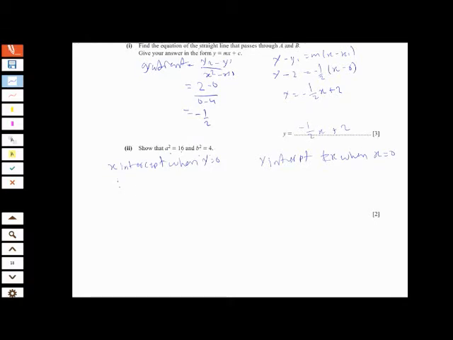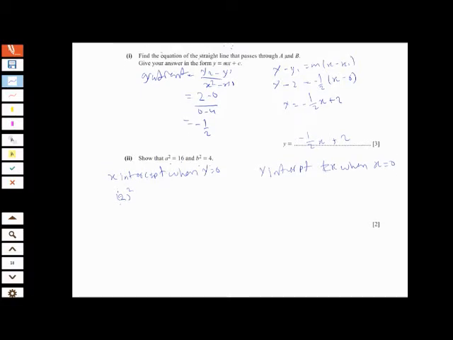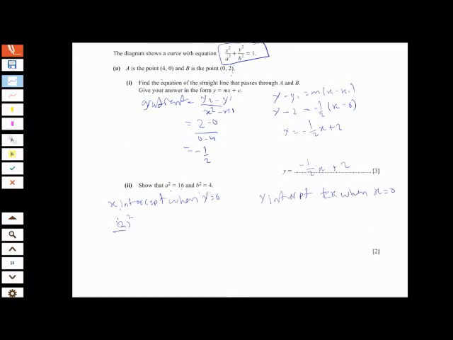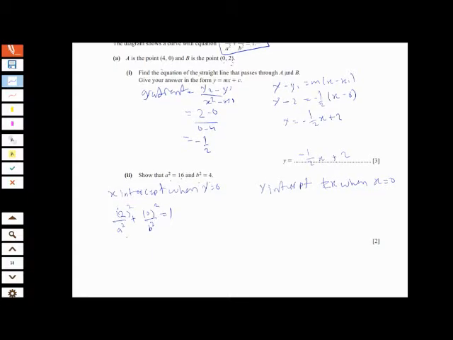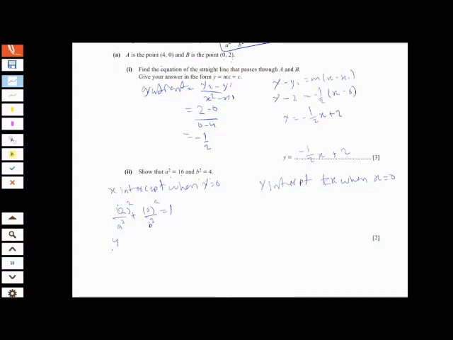So 2 square over a square plus y equals 0, so 0 square over b square equals 1. Simplify that: it's going to be 4 over a square, plus 0 over anything is 0, so this is gone, equals 1. So 4 equals a square.